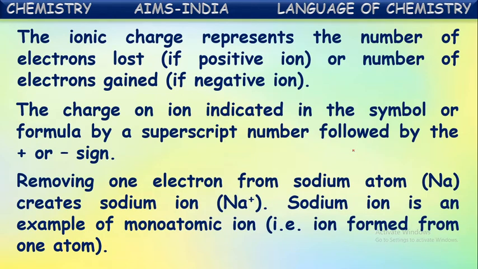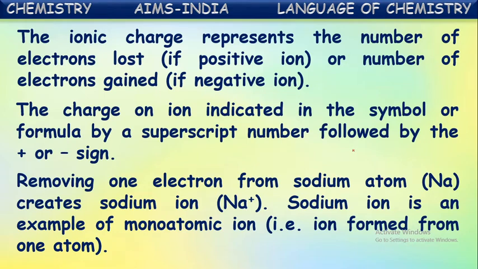Removing one electron from a sodium atom creates a sodium ion. Yes, sodium loses one electron so that it forms a sodium ion, or Na plus ion. So the sodium ion is an example of a monoatomic ion. Monoatomic means the ion formed by one atom.